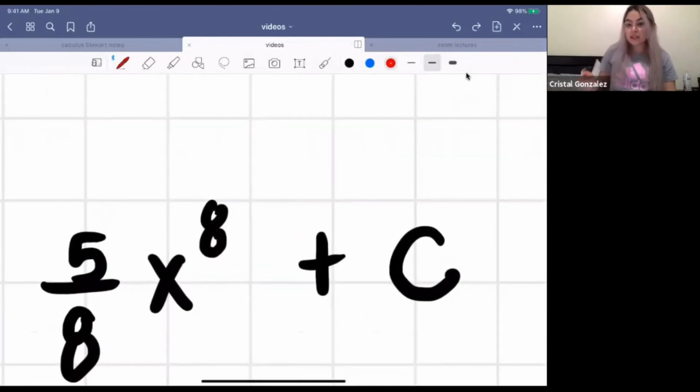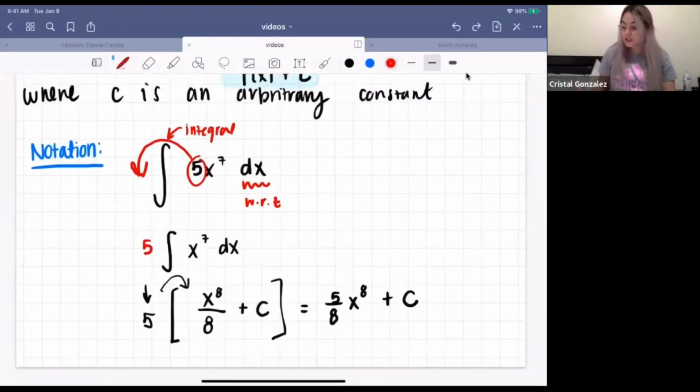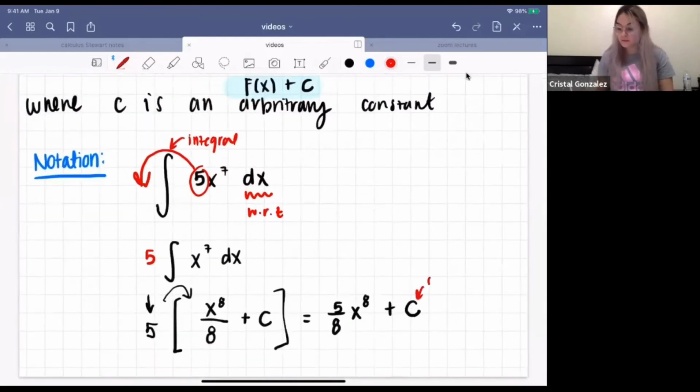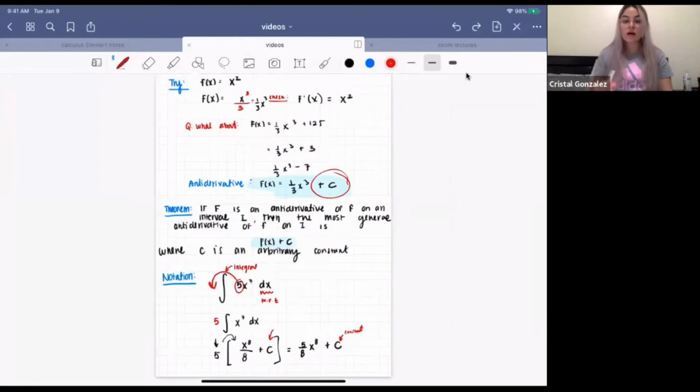No matter what, this is still representing a constant. It's a different constant, but it's still a constant. So just leave it as c. There's no need for you to write 5c. Okay, and so let's do a couple of examples.